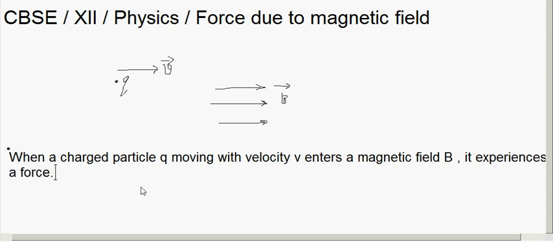Now here velocity and the magnetic field both have direction, both v and B are vector quantities.